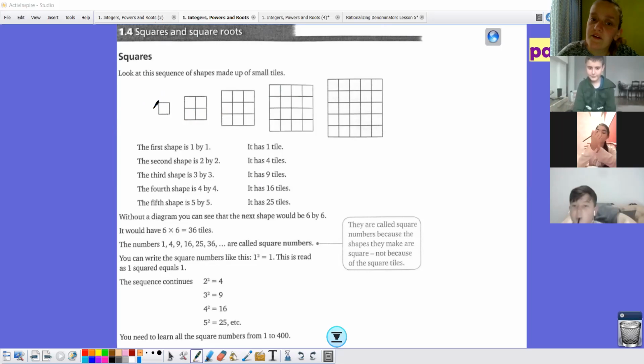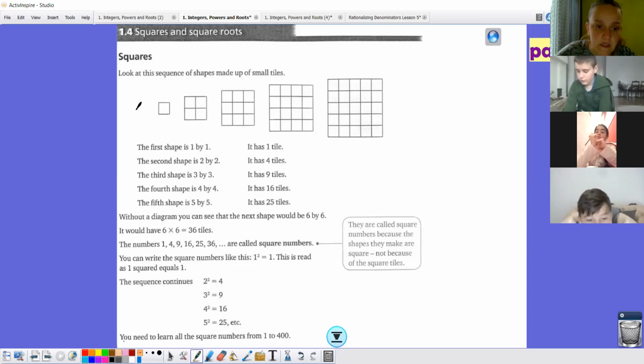Okay. There are some squares, as you can see. First one, the small one, is a square 1 by 1. If one side of the square is 1 and the other one is 1, this one is 1 unit, okay? 1 centimeter, 1 millimeter, anything, but 1 unit. We call this one 1 unit square.